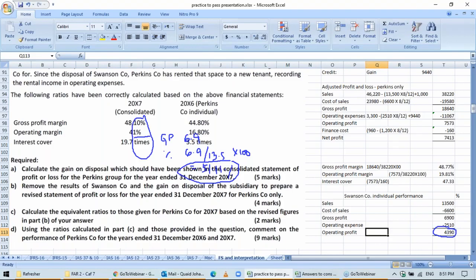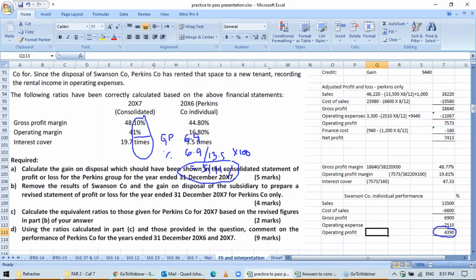Obviously you can compare the single with the consolidated, saying that after purchasing a subsidiary, the performance improved in the consolidated financials. But you also have to compare the subsidiary's individual performance and Perkins' individual performance, because both companies should perform well.